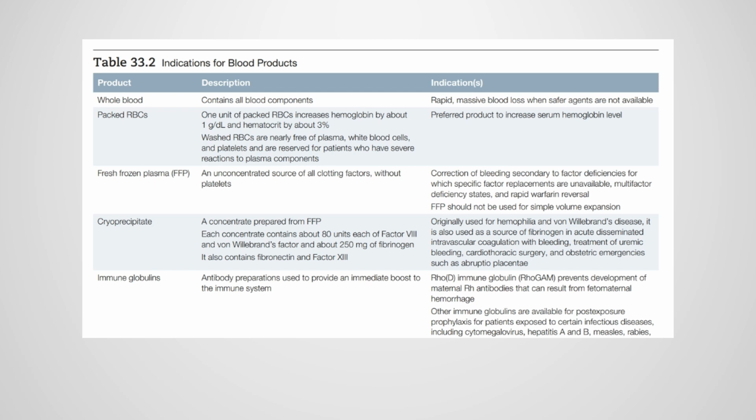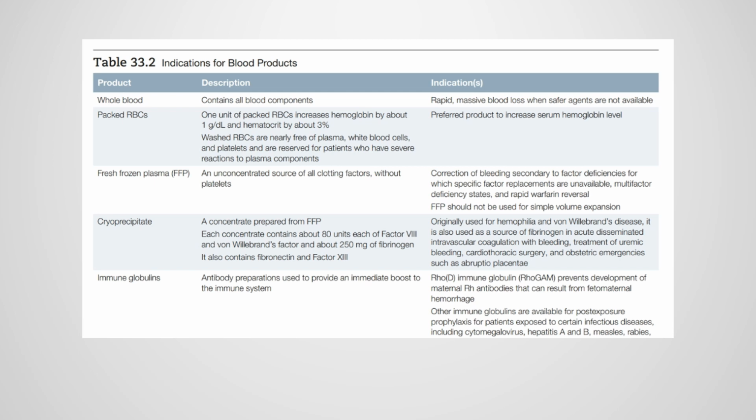So they have a hemoglobin of, say, 5 or 6, and they have angina, profound weakness, they're not able to walk, they're very short of breath. We will give them packed red blood cell transfusions because that's all they need to raise their hemoglobin.